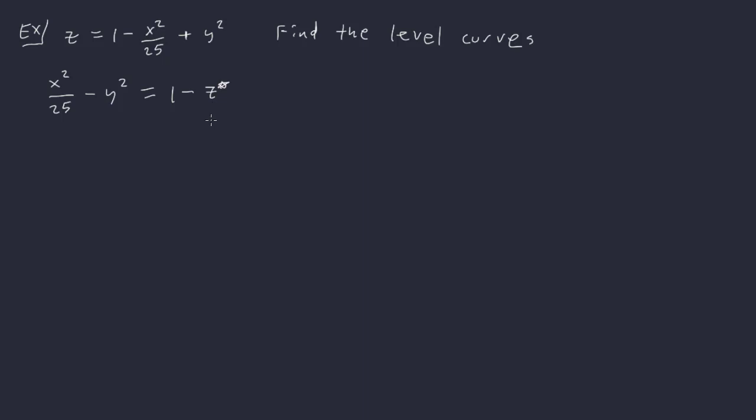Okay, so when we plug in, we'll start with z equals 0. So let's do that in blue. Right, z equals 0. We get this: x squared over 25 minus y squared is equal to 1, and this is that hyperbola.